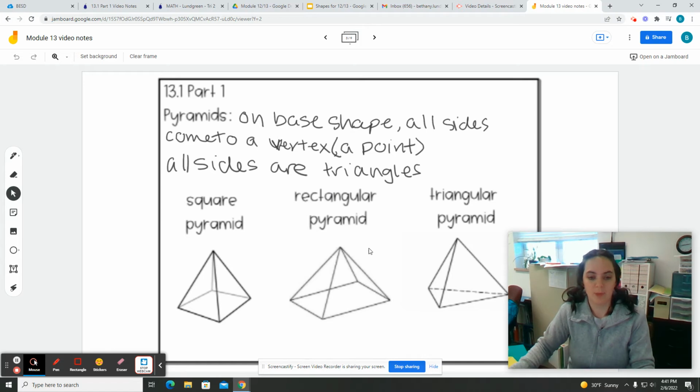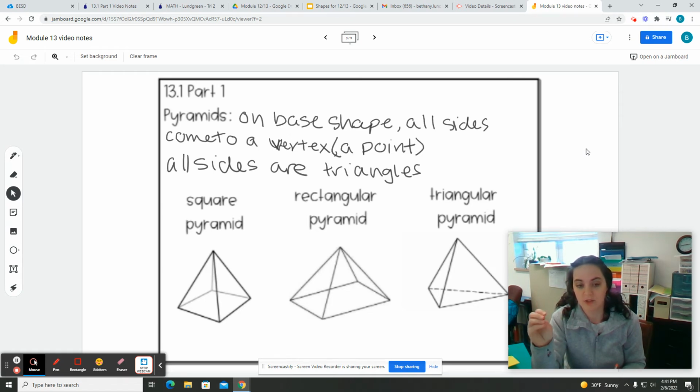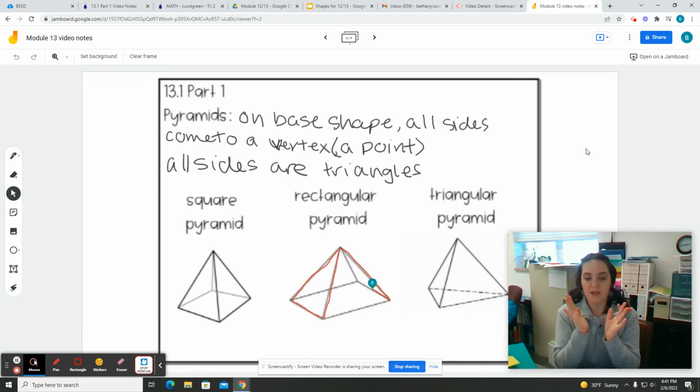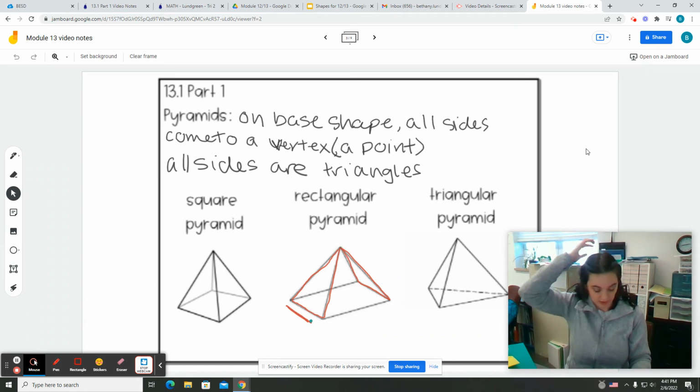We also have a rectangular pyramid, and I do not have an example of one, but it's really important to note how the square pyramid has 4 identical triangles. They're identical all the way around because the square has identical sides along the bottom. But on a rectangular pyramid, do you see this triangle here, and this triangle here are going to be a little bit skinnier on the bottom because this length is shorter than the other length.